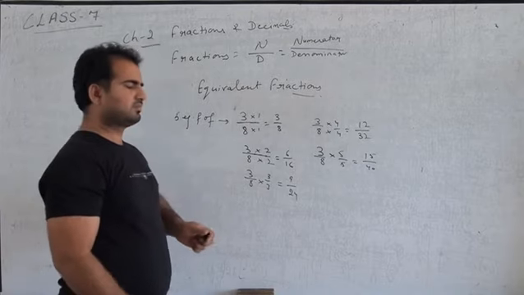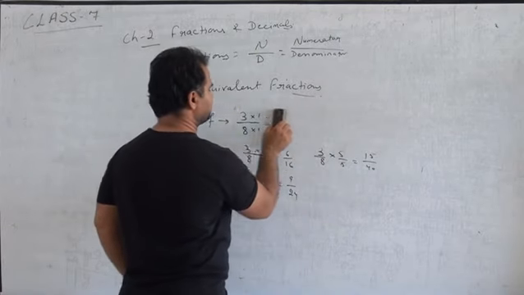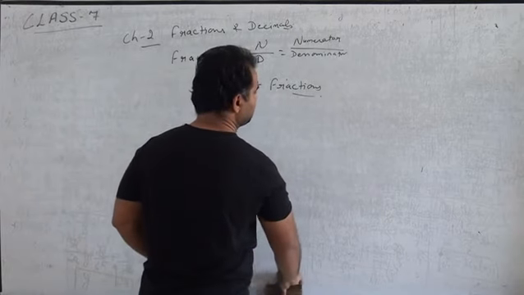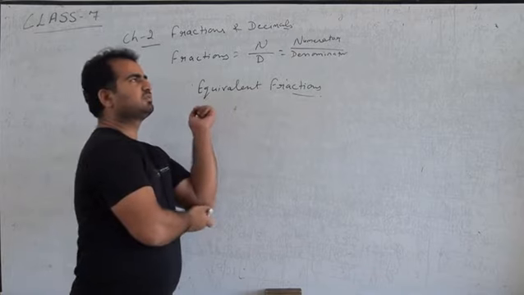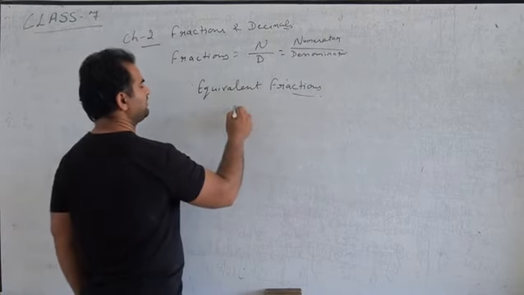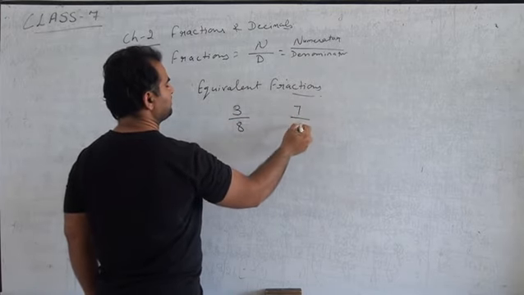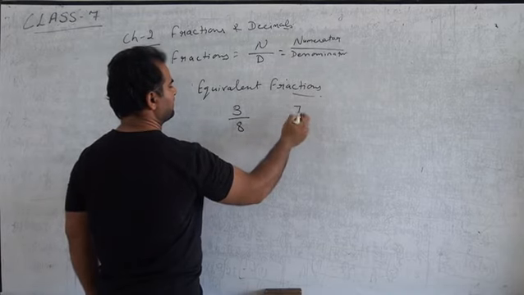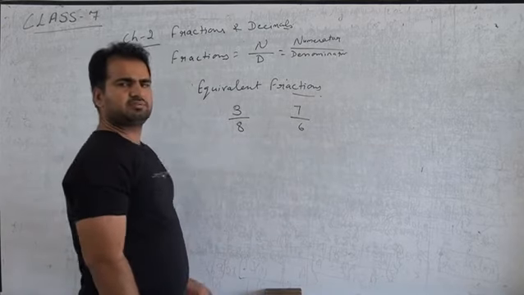Done. Okay, next is how to compare two fractions. When we have to compare two fractions, what we have to do? Like I have written 3 upon 8 and 7 upon 6.